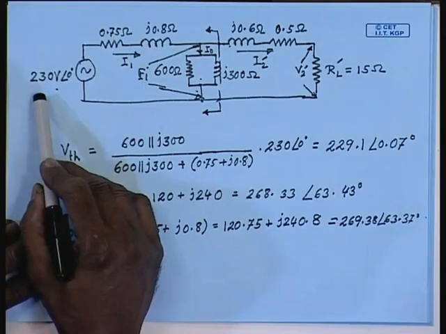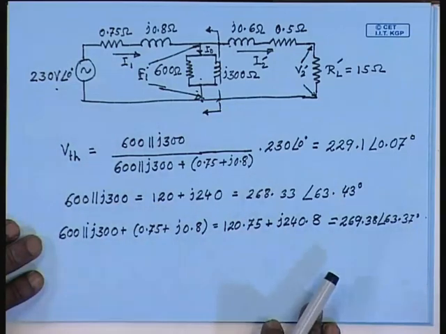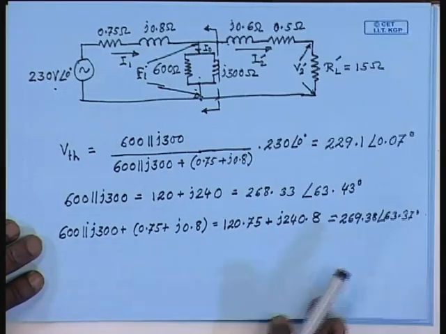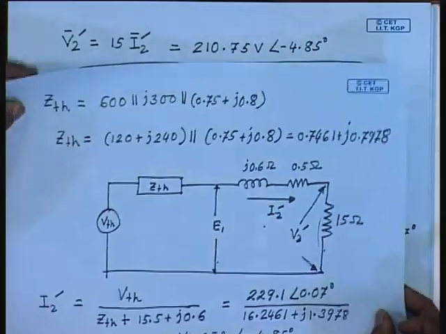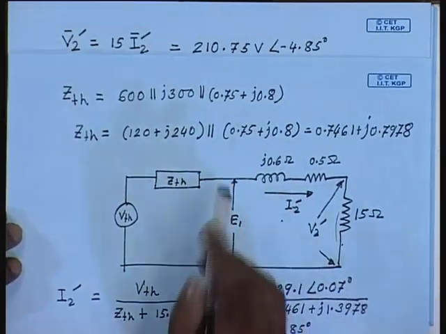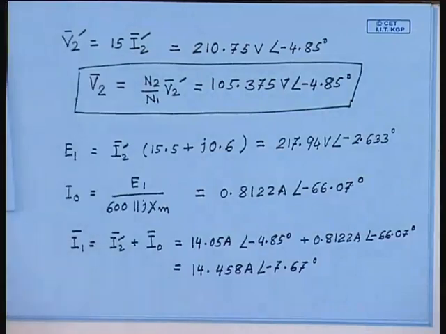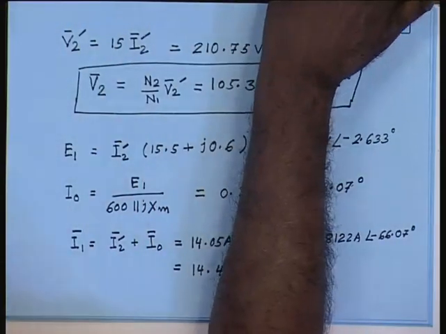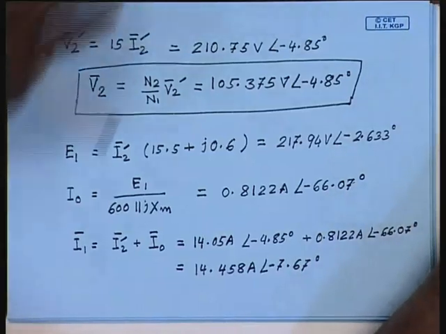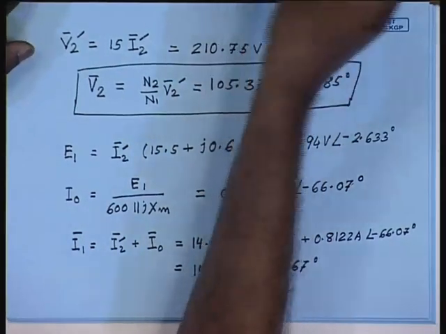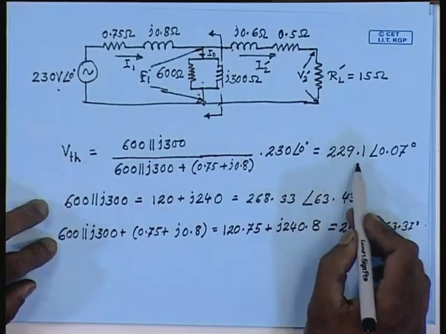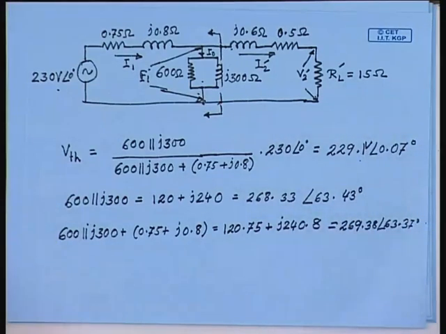The applied voltage was 230 volt at an angle of 0 degree, while when we computed the Thevenin voltage, it comes to 229.1 volt, angle 0.07 degrees. Now, is this very different from the actual applied voltage?